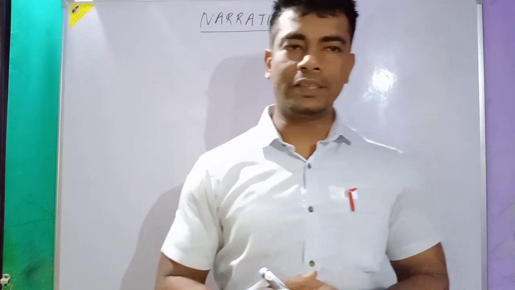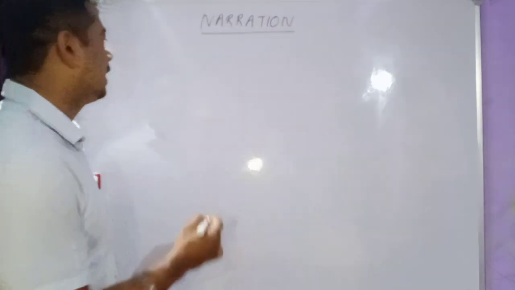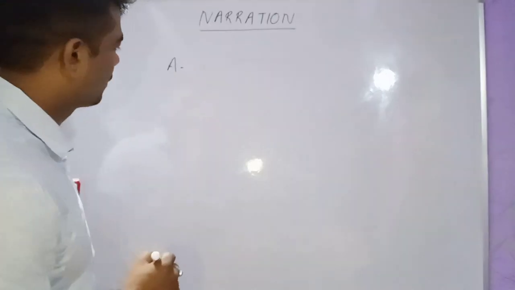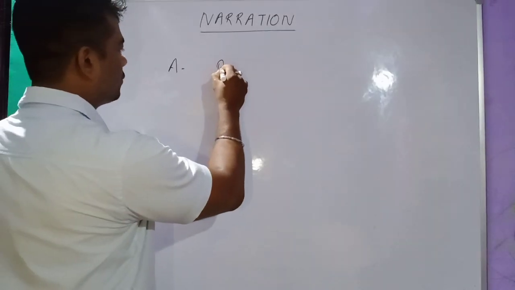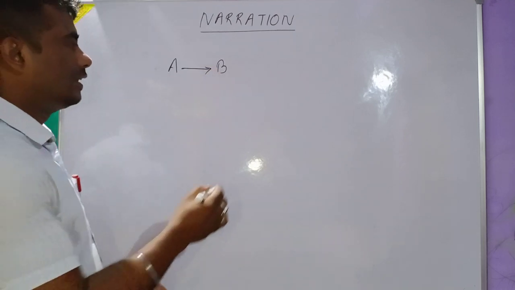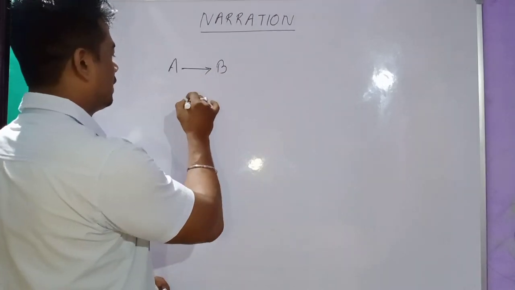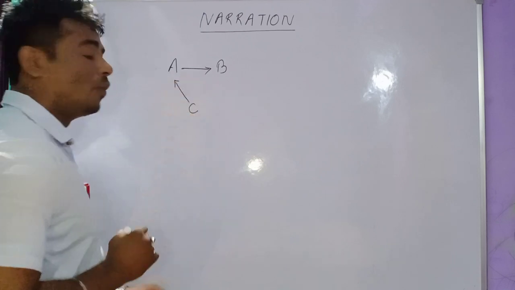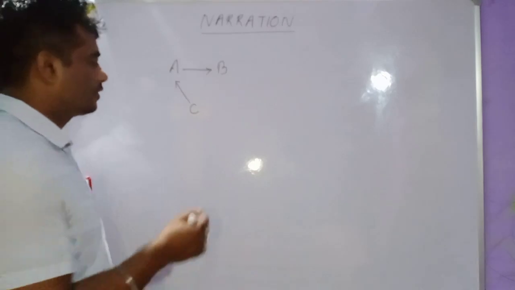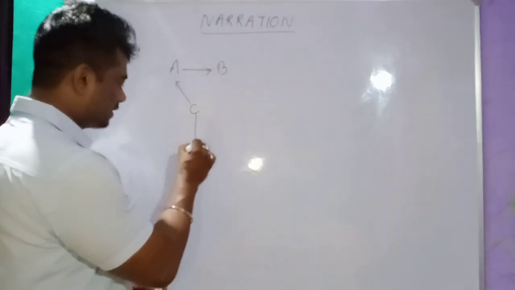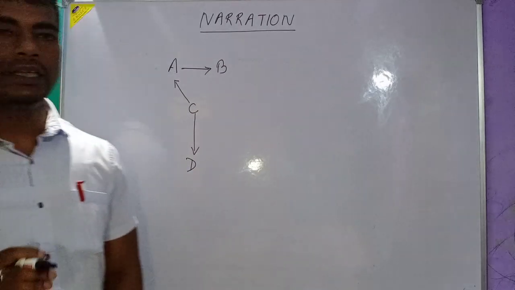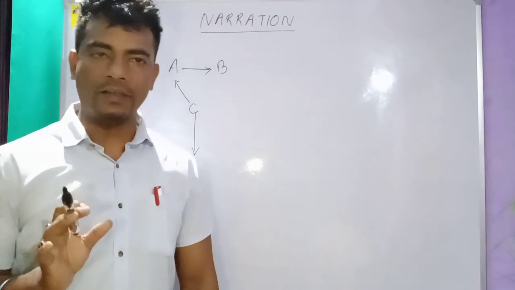For example, suppose one person A is speaking to B, and here is C. He heard what A is saying. Then next day or after a week, when C speaks the same things to D, some difference comes.